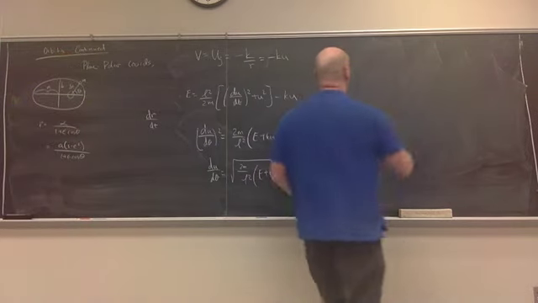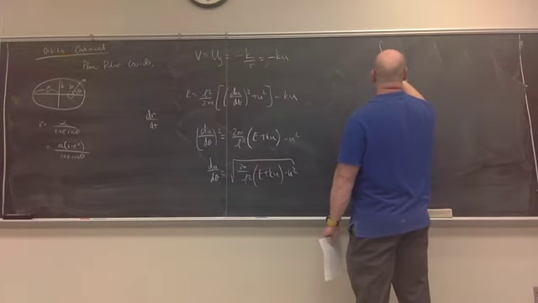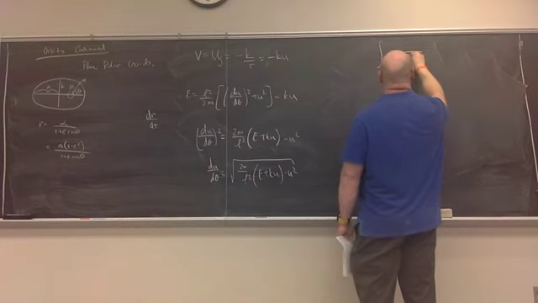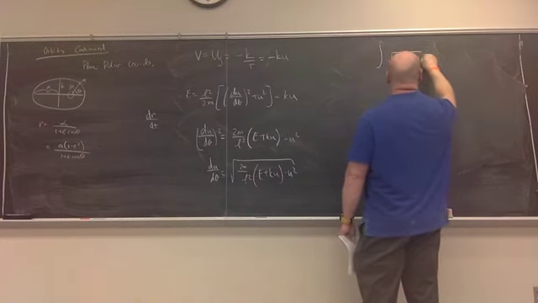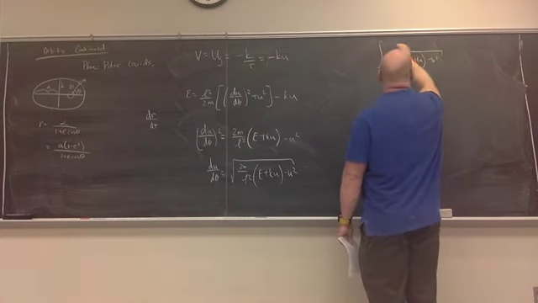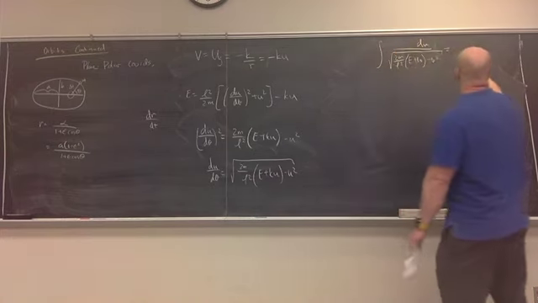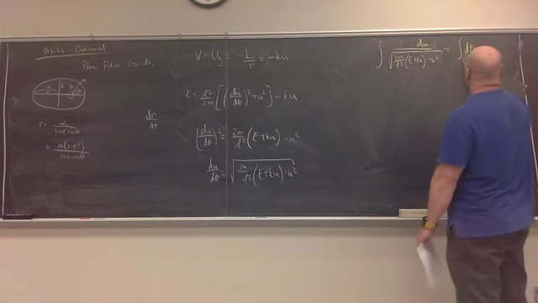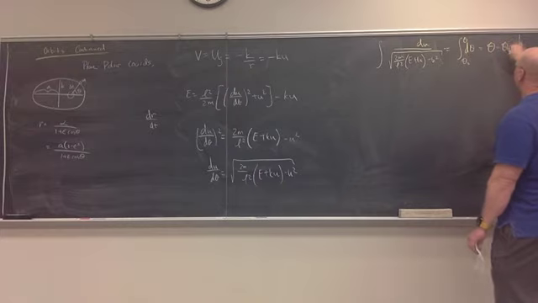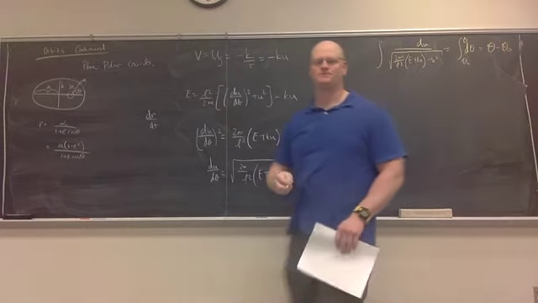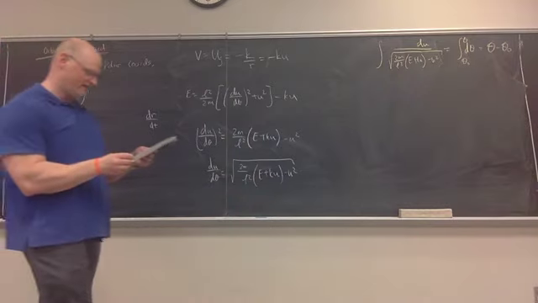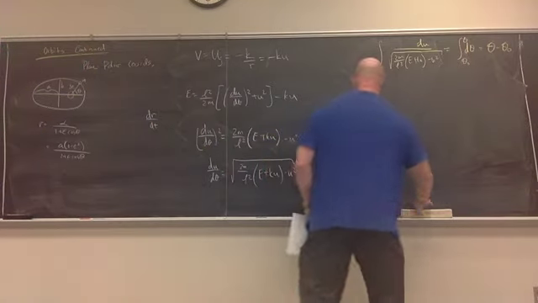So if we do that, we get the integral of the square root of 2m over L squared times E plus ku minus u squared du is then equal to the integral of d theta from the initial angle theta initial to the final angle, which is the same thing as the final minus the initial angle. So this is all we have to do. So from here, all we need to do then is integrate the left-hand side.